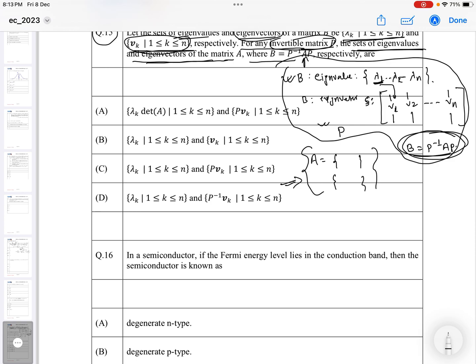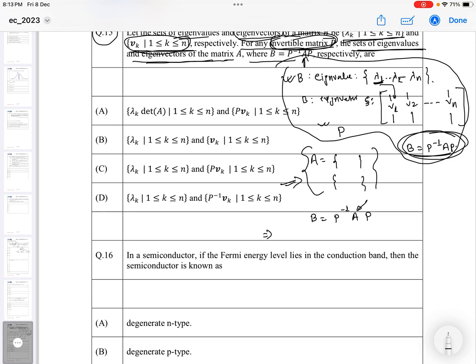We are given B is equal to P inverse A P, and P is an invertible matrix.